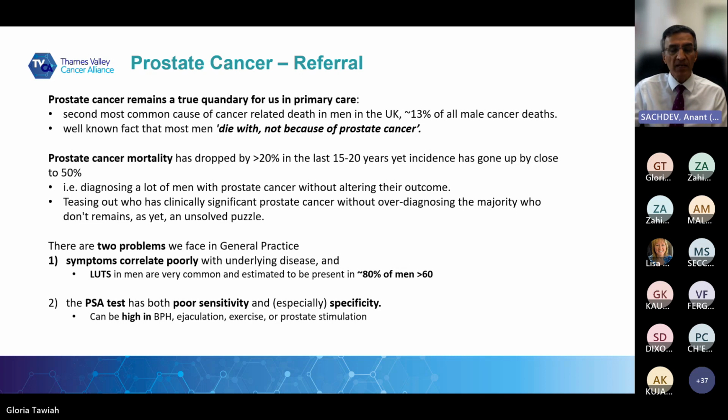So LUTS is a very common symptom, and the PSA test also has poor sensitivity and especially specificity, because the PSA can be high in benign prostatic hyperplasia, after ejaculation or after severe exercise or prostatic stimulation. So the PSA test is a little bit of a difficulty here, but we do need to understand it. It's also high in UTIs. Next slide, please.